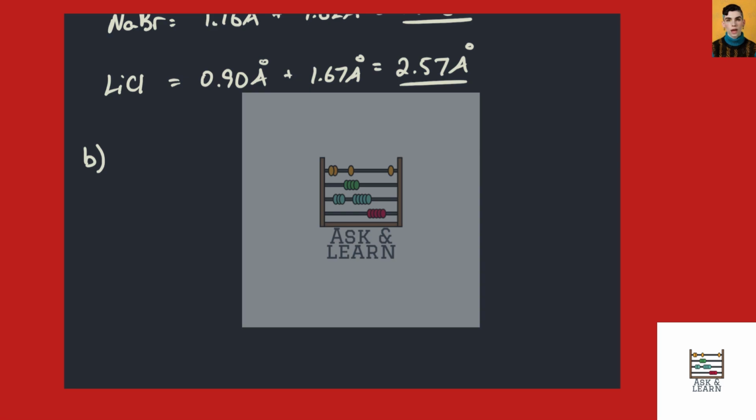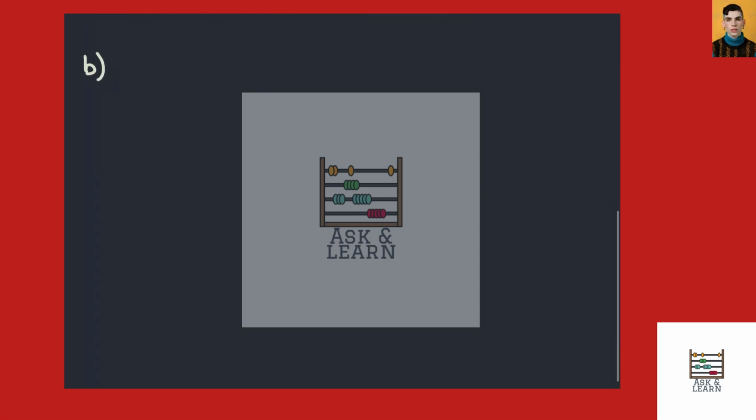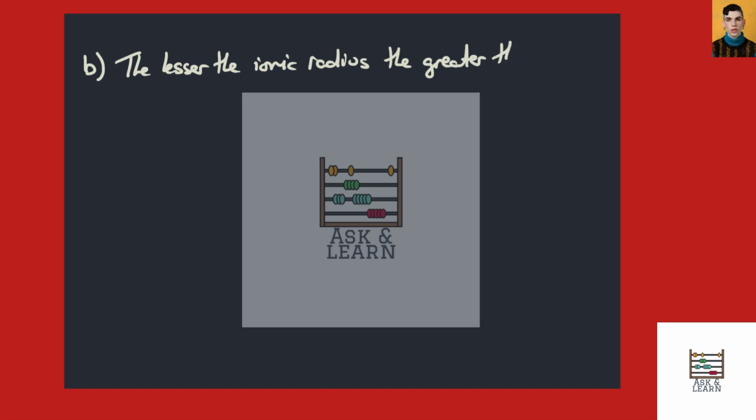So for part B, the lesser the ionic radius, the greater the attraction between the cation and the anion.